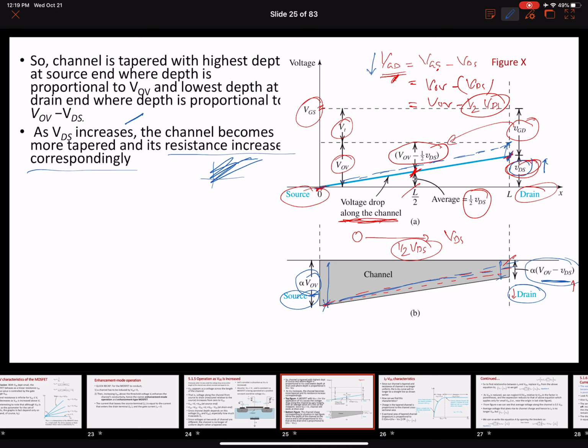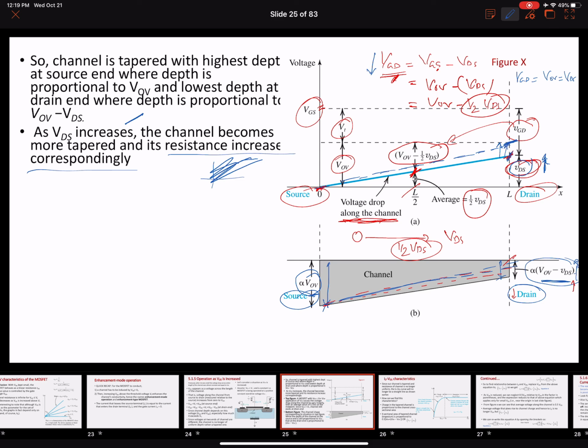So as the VDS increases, this line shifts upward more, it can reach this point, where VGD equals VOV equals VDS. Okay, we're going to discuss in the next slide what happens at this point.